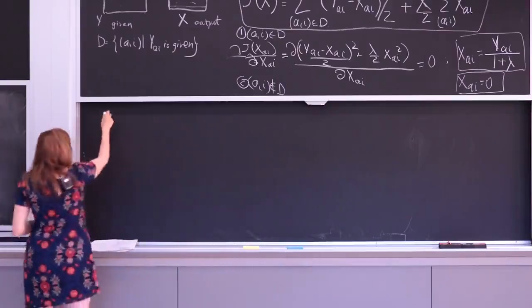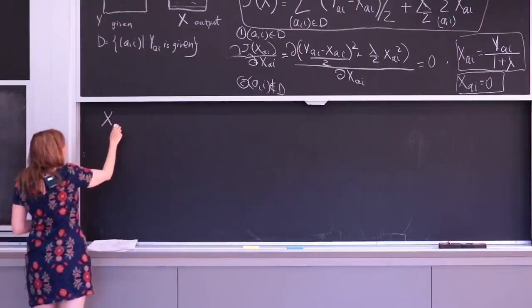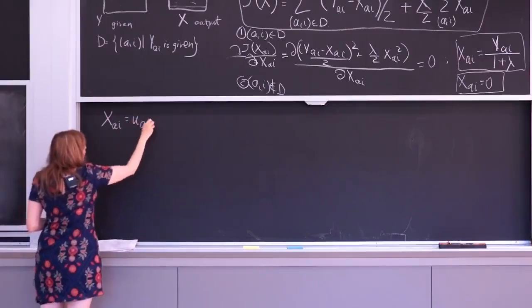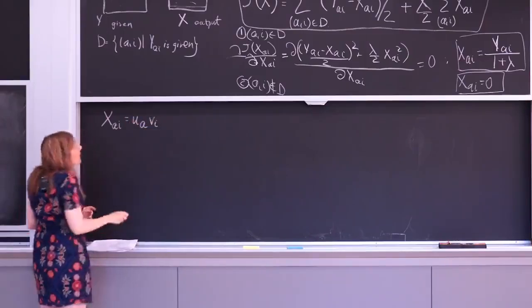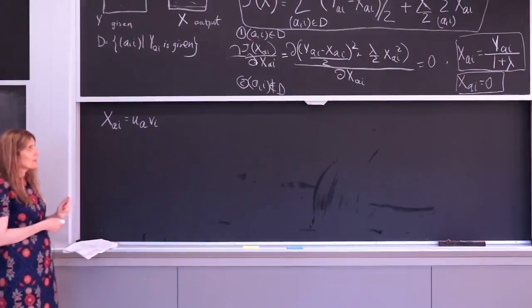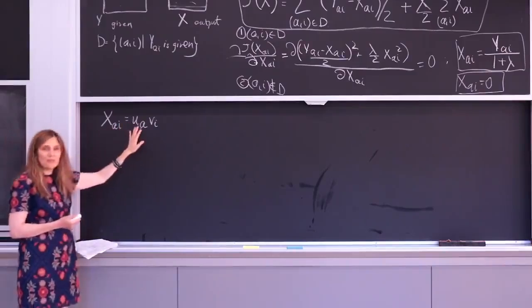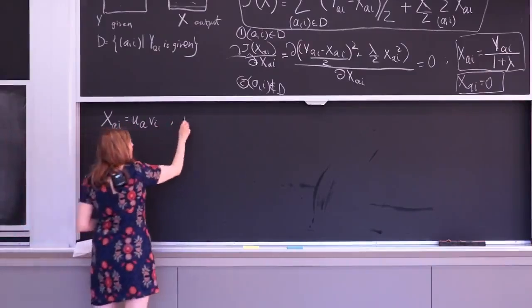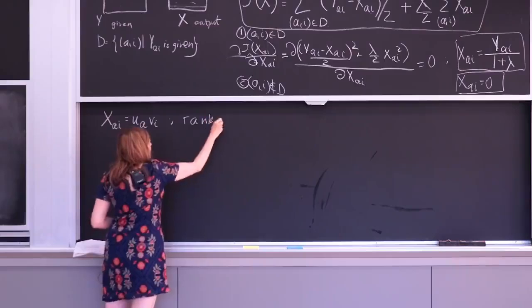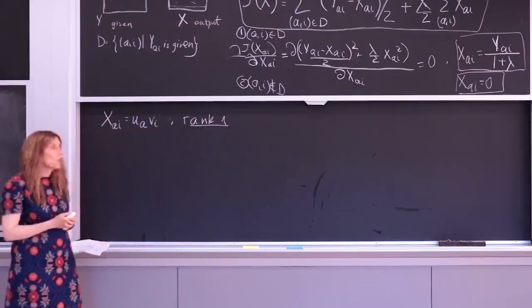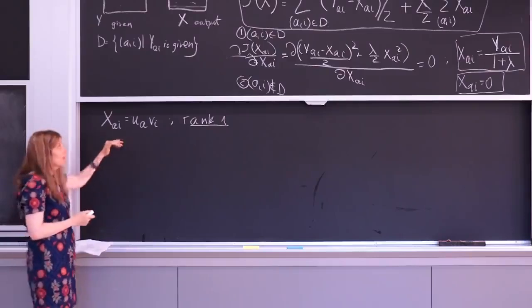Let me start by writing that, remember, x_ai is actually equal to u_a v_i. Now we will take this objective that we previously expressed in terms of X and express it in terms of U and V. Again, remember that we make an assumption here that our matrix X is of rank 1. That's exactly what's written over here.